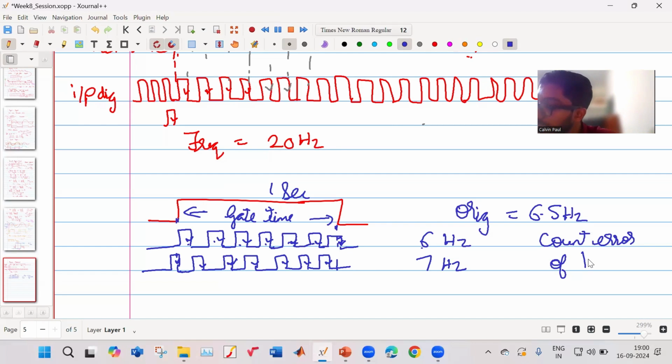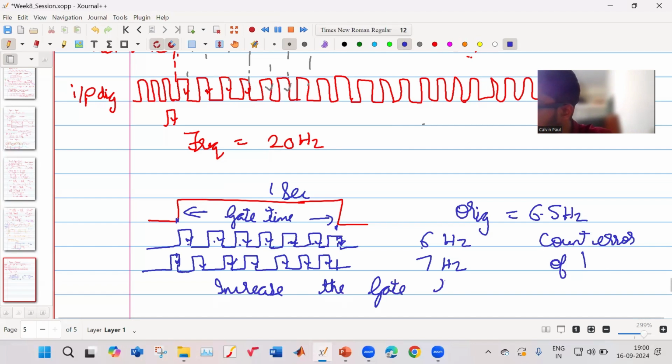So how do we make sure this error is reduced or negligible? We must increase the gate time. If we increase the gate time, what will happen?